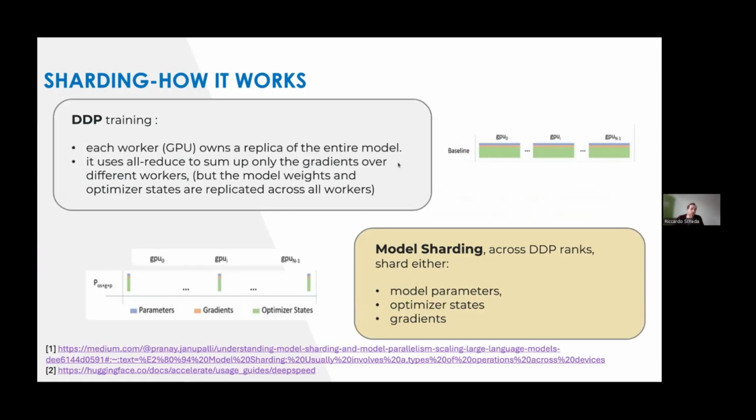The main difference between distributed data parallel training and model sharding is that in distributed data parallel, the model is replicated across the different GPUs, while in model sharding, we have one single model that is split across the different GPUs. So the replica of the model is one. But also the data are divided across the GPUs.